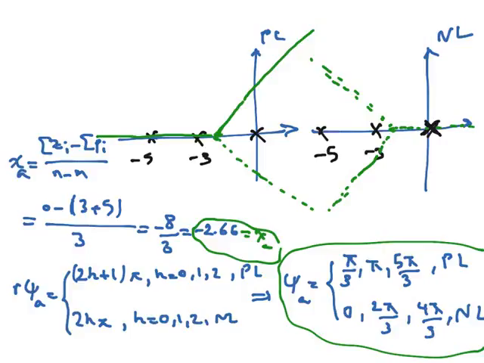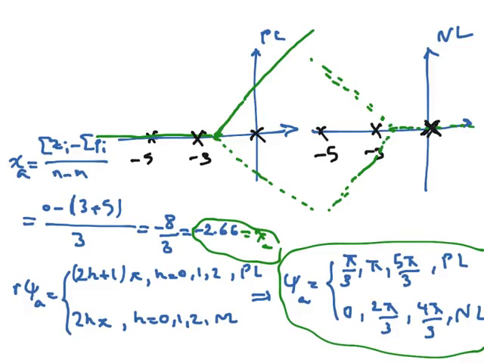By looking at the position of the poles in the case of PL, we see that the range from -3 to 0 and the range from -infinity to -5 would belong to PL, because we have an odd number of zeros and poles.